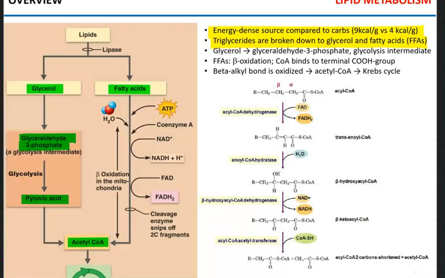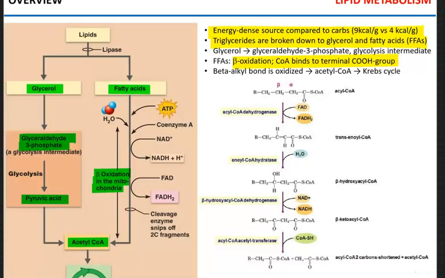Fatty acids usually have a lot of carbons, so they have to be chopped up in a process called beta oxidation. This beta oxidation happens in mitochondria and involves a lot of steps, which you can see on the right and explore on your own. We're not going to.